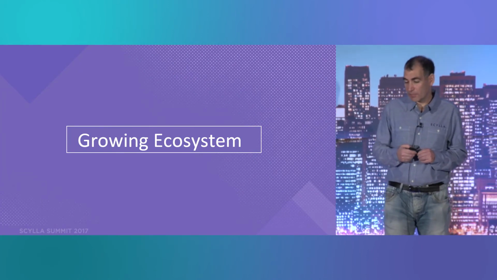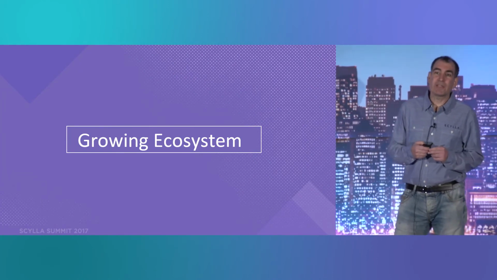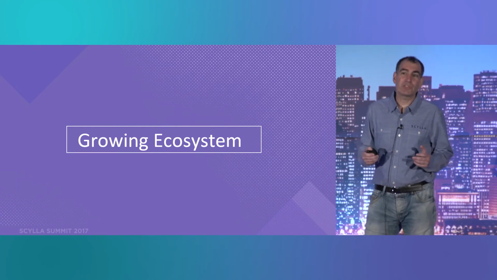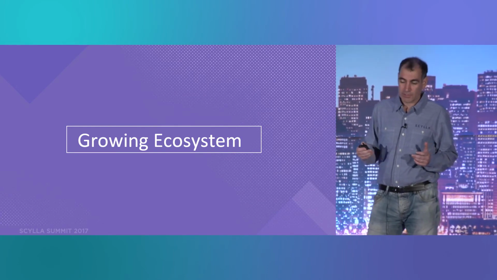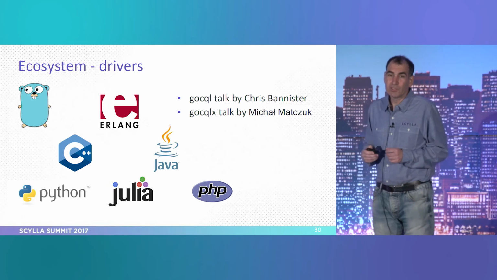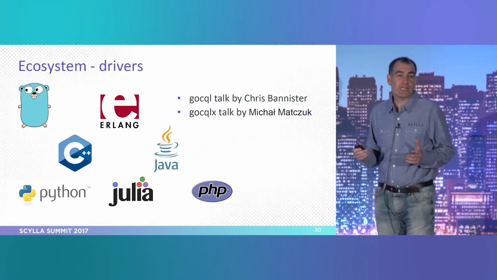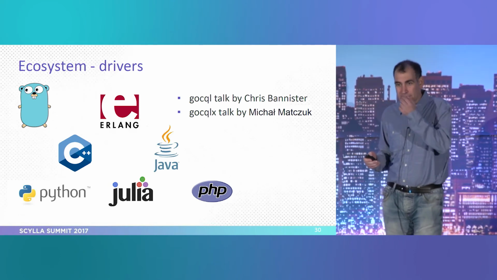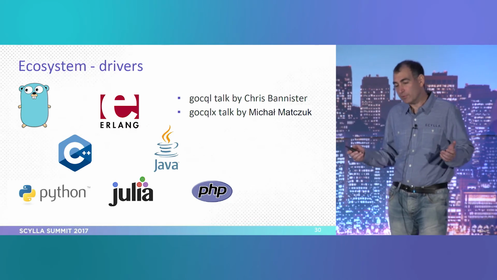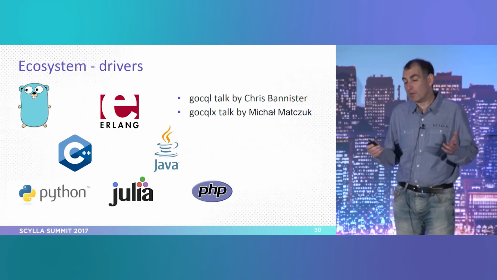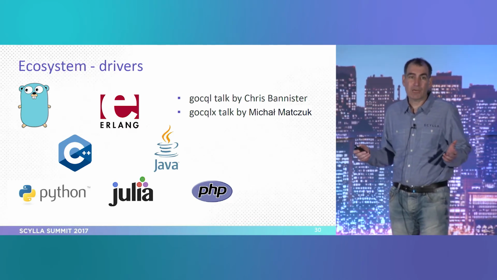Okay, just talking about the database is not enough. Also important is the ecosystem around it. So let's take a look at that. The most important thing for a database is having the ability to access it, and you do that via drivers. And we have drivers for the most common languages.